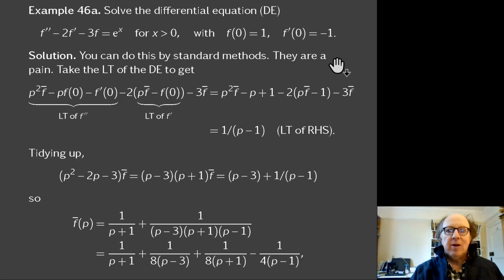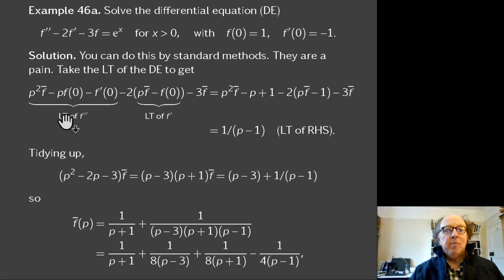Prelims question, very easy. But look at this. Suppose I take the Laplace transform of the equation. So I multiply by e to the minus px, and I integrate from 0 to infinity. So what do I get?